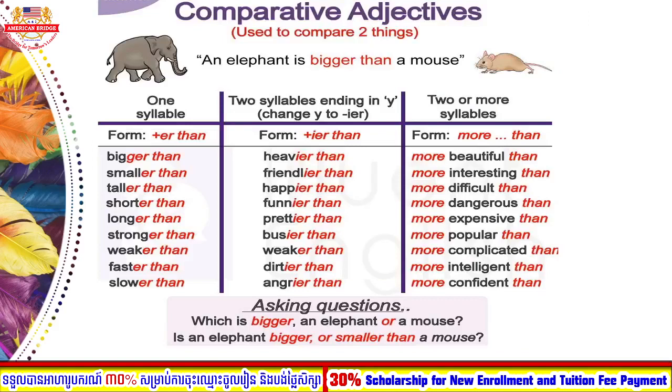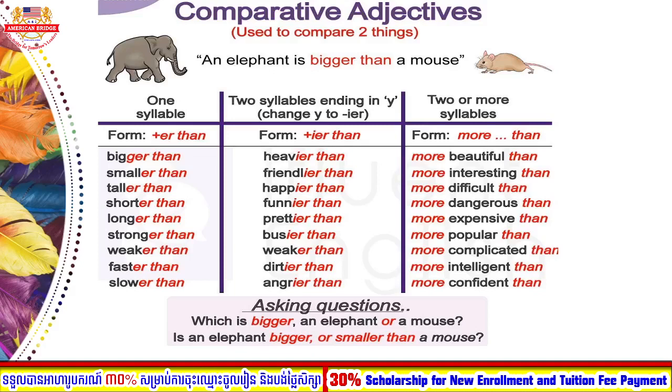Okay, so this one is the meaning of comparative adjectives, which you use to compare two things. Example, an elephant is bigger than a mouse. Look at this picture: the elephant is so big and the mouse is small. When you use it in a sentence, you use than. It means you compare one animal to another animal, right?